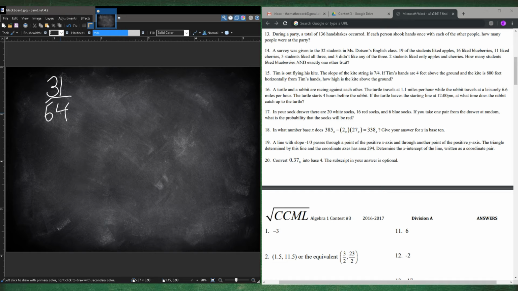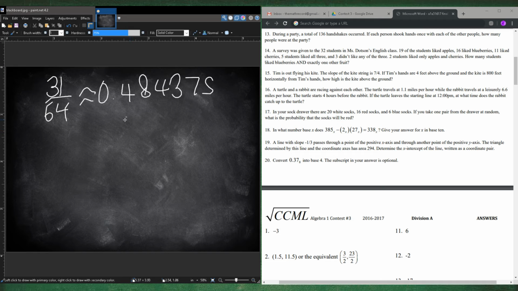So let's take 31 divided by 64 and get a decimal. It's approximately 0.4. Actually, it's exactly 0.484375.